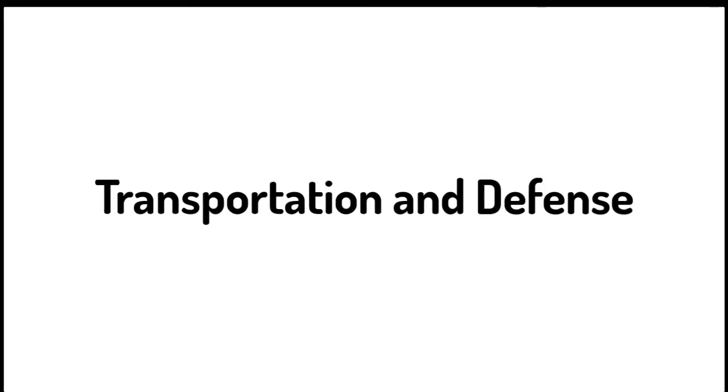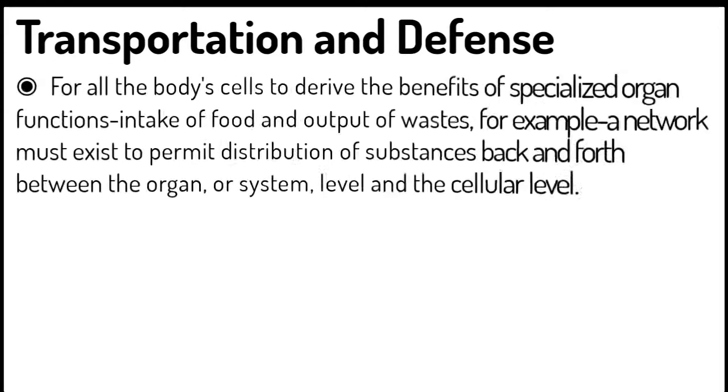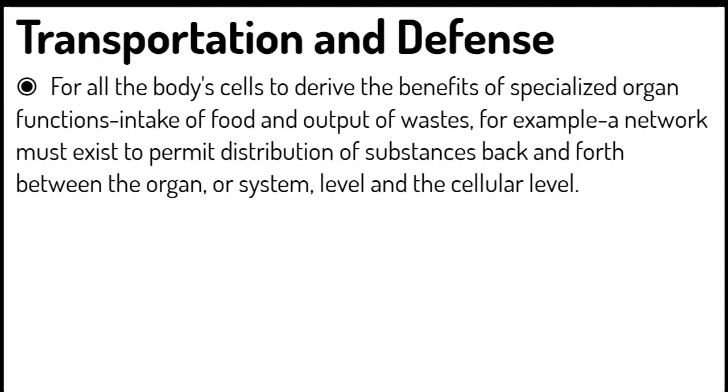Transportation and defense. For all the body's cells to derive the benefits of specialized organ functions, for example, intake of food and output of waste, a network must exist to permit distribution of substances back and forth between the organ or system level and the cellular level.